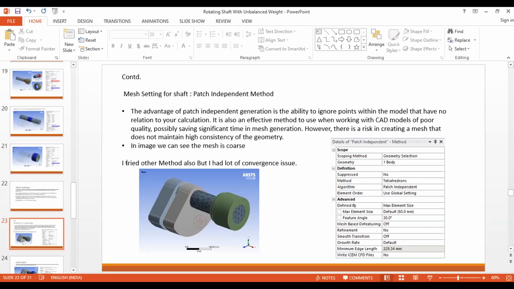I tried a lot of other methods, but in those I had a lot of convergence issues, so that's why I use this method. In the right window, you can see I'm using tetrahedrons, and the rest of the settings are default only, so there is no need to change anything.